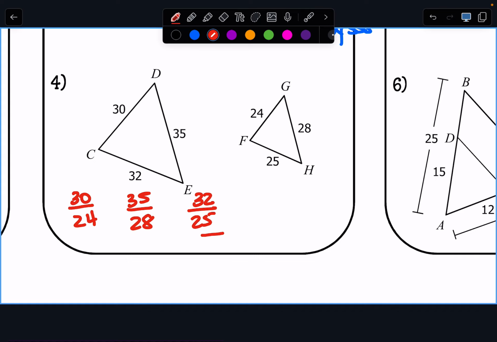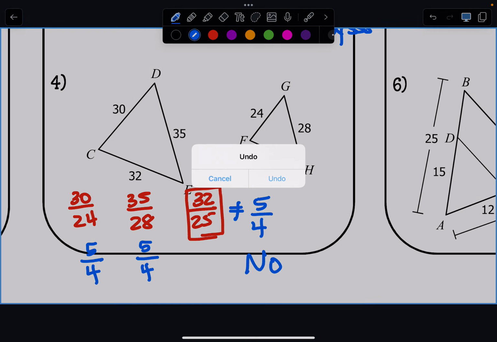So this one cannot be simplified. No. But these can be simplified to be 5/4 and 5/4. This one does not equal 5/4. So no, those are not similar.